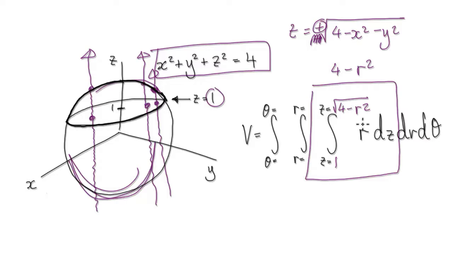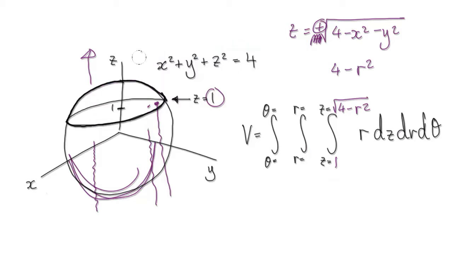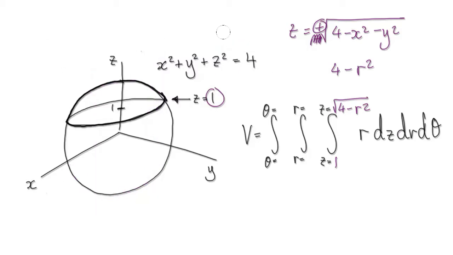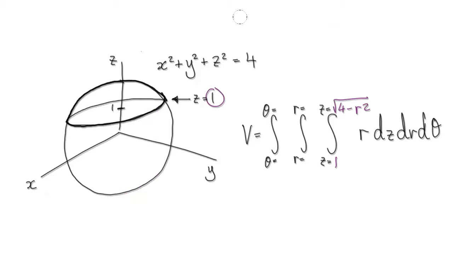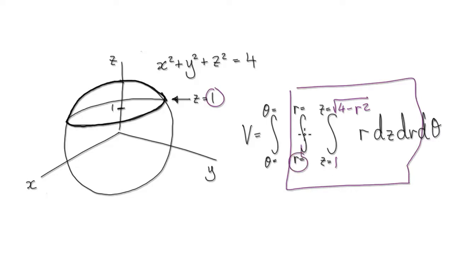And now looking at the next integral, it would be r equals something. So once you've integrated with respect to z, this 3D solid will get projected down onto the XY plane.